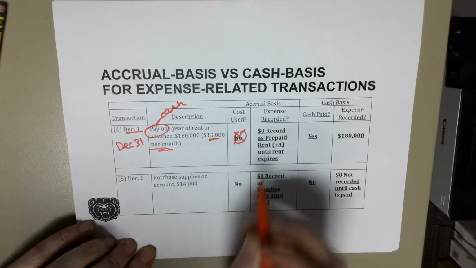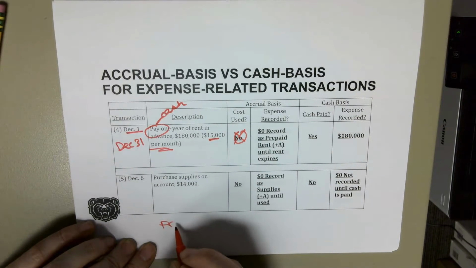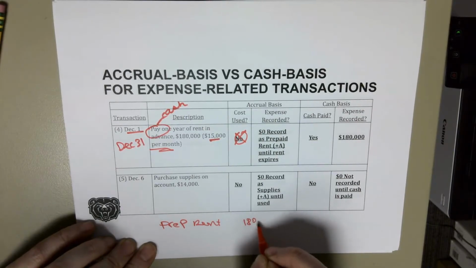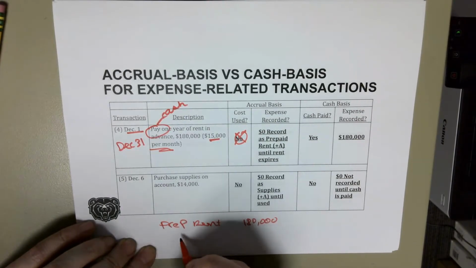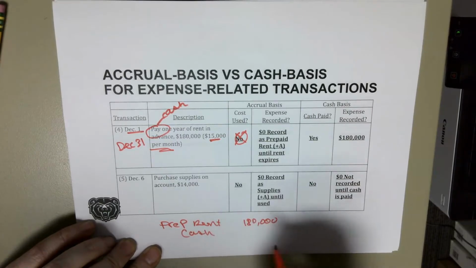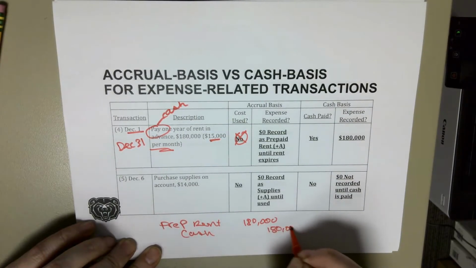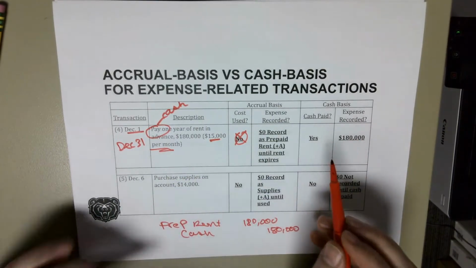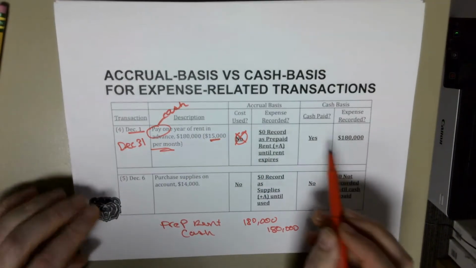So the way this one would look would be prepaid rent as a debit for $180,000, right? This is your debit. And then you would have cash as your credit for $180,000, okay? That's the way this transaction looks right now. Now, if we look at it from the cash perspective, did we pay cash? Yes, we did.